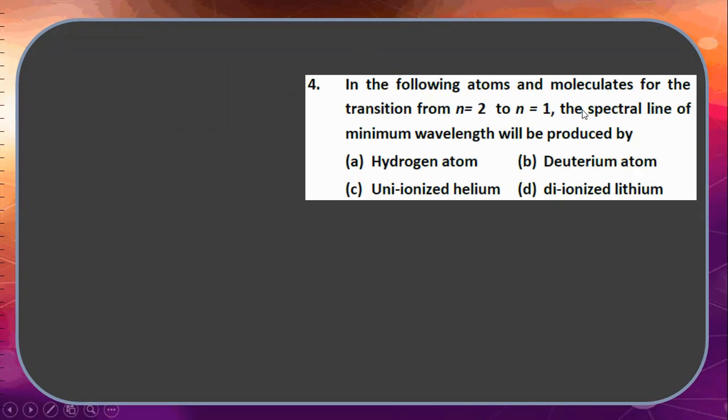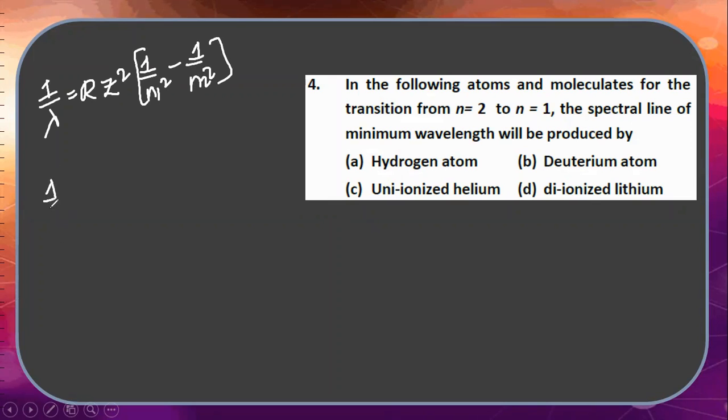In the following atoms and molecules, for the transition n is equal to 2 to n is equal to 1, which will produce the spectral series of minimum wavelength? Minimum wavelength means, what is the formula? 1 by lambda is equal to R into z square into 1 by n1 square minus 1 by n2 square.